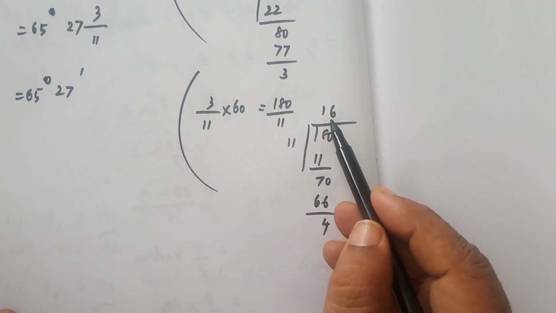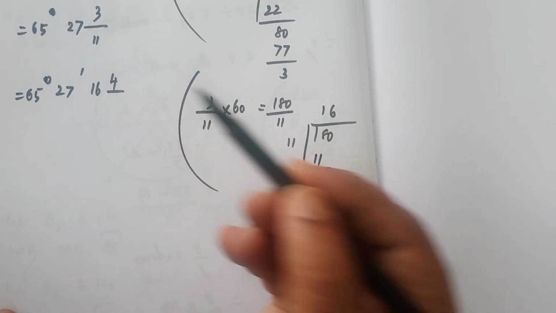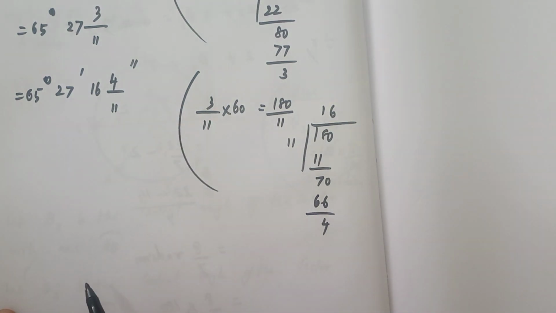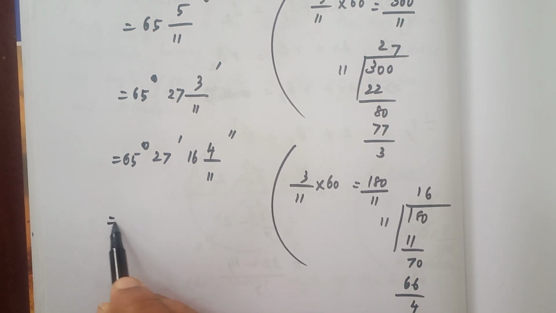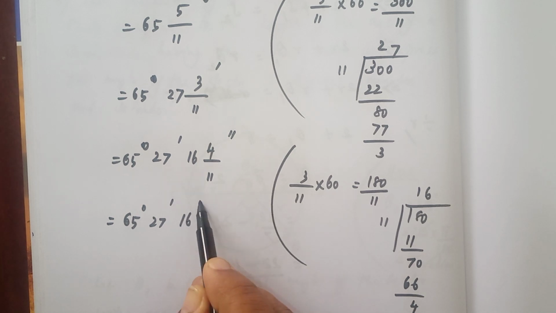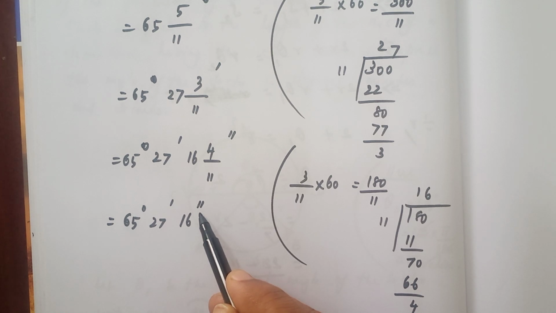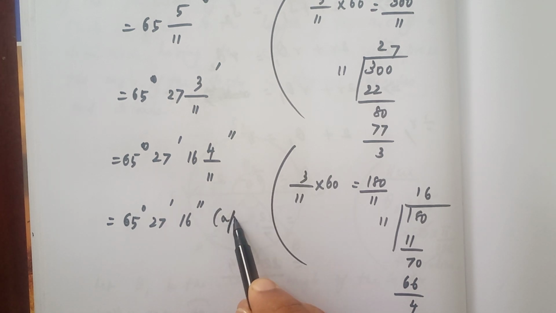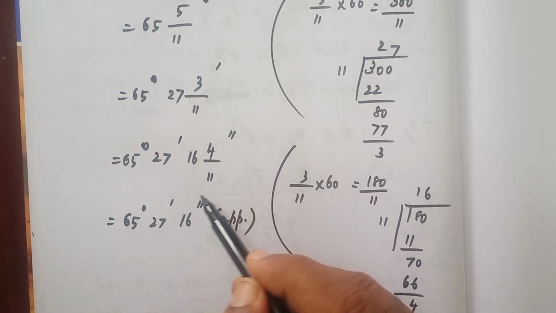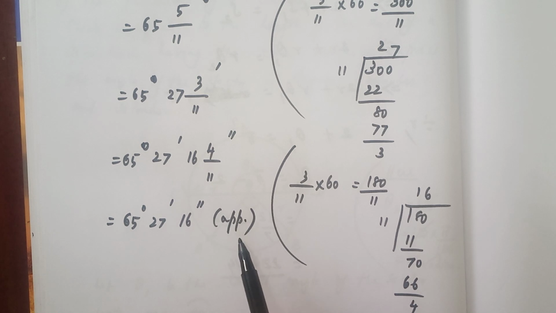That is 16 and 4 by 11 seconds. So approximately you can write 65 degrees, 27 minutes and 16 seconds. Single dash represents minutes and double dash represents seconds. You can neglect the 4 by 11 and write only 16 seconds. Since I have neglected 4 by 11, I have written approximately.